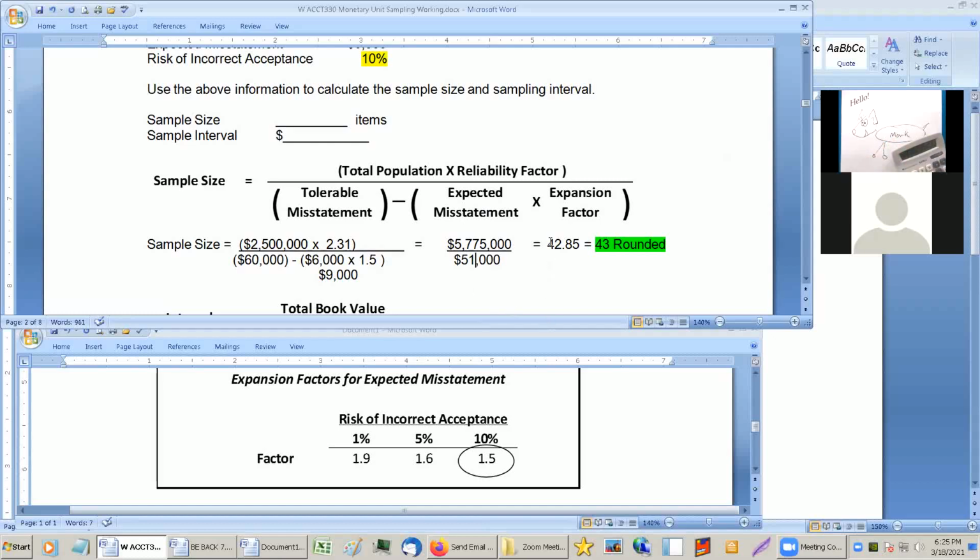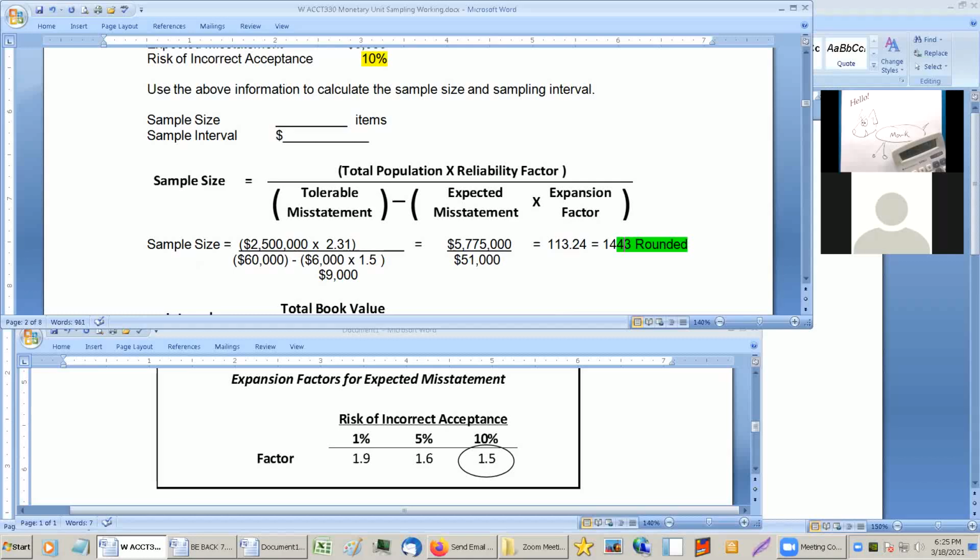Yeah, this one I would probably round up. That would just be me being overly cautious, and you know it's one item, and it might save you a headache later on.